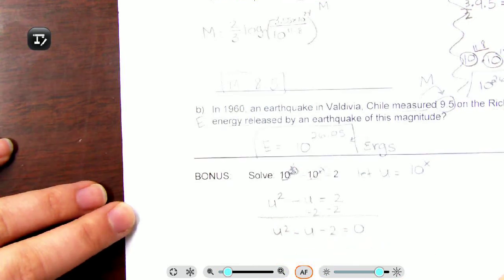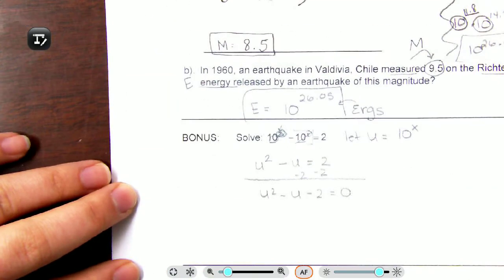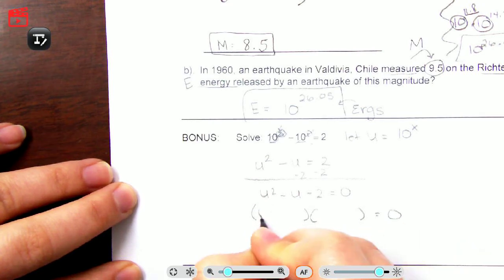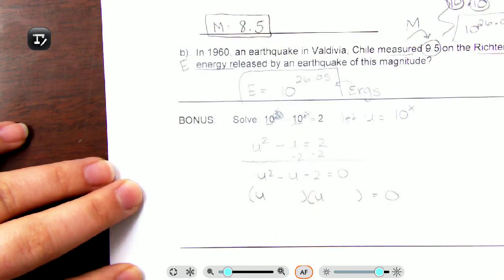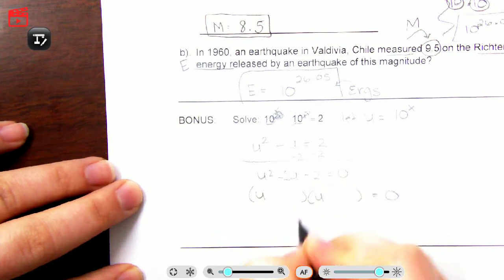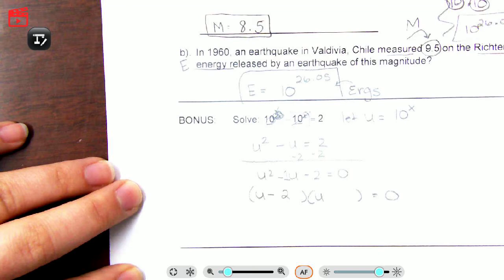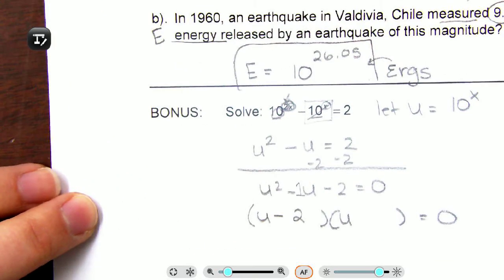Now that we're here, let me move this paper. I'm going to either use the diamond method or guess and check. I'm going to have u in each bubble, two numbers that multiply to -2 but add up to -1.